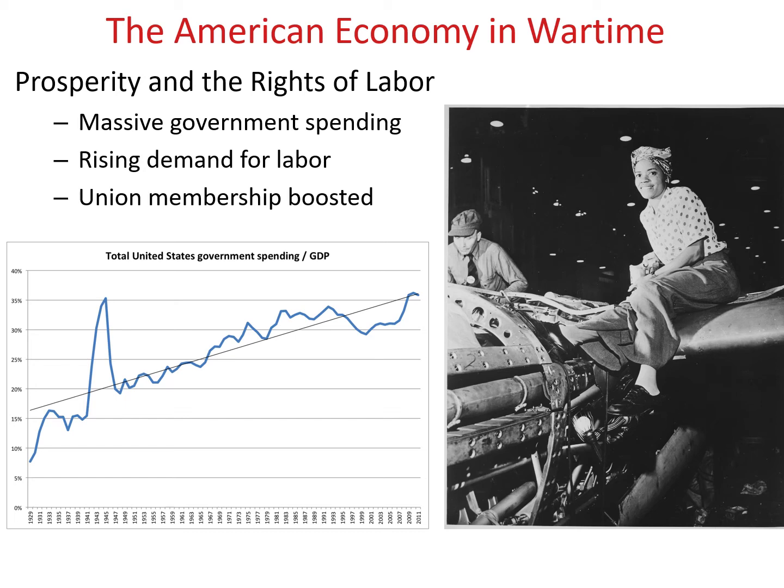So there was a ton of government spending, rising demand for labor, and union membership. If you look at this graph, this sharp spike right here is government spending during this war. Kaboom. Government spending just kept going up though, but that's in the 2000s.